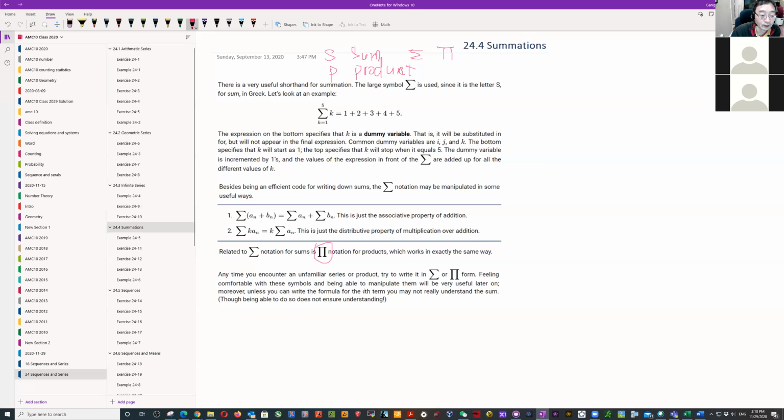So basically, if it increments this way, you are just counting 1, 2, 3, 4, and 5. You count 5 numbers. So for those 5 numbers, the meaning of this sign is to sum them up. So basically, you convert the sequence into a series.